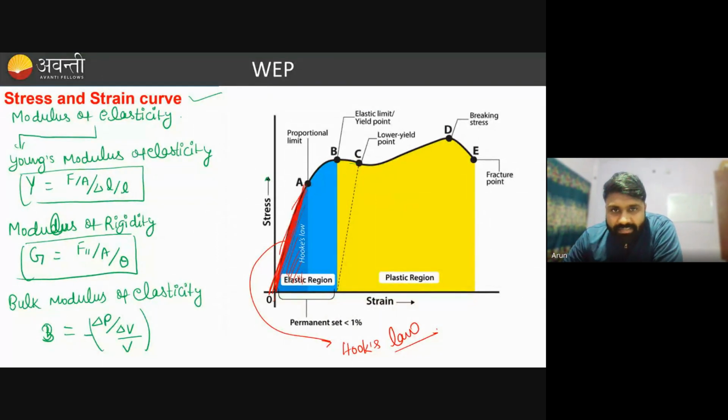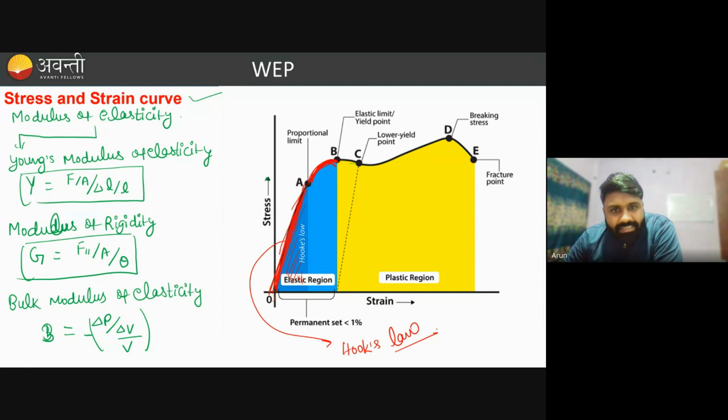Okay. After that, on increasing the value of stress, the strain is increasing. Okay. But if you remove the stress in this region, the material will regain its shape, but Hooke's law is not valid. Which means you can also see there is a slight curve from A to B, which means the stress is not directly proportional to or linearly varying with strain.